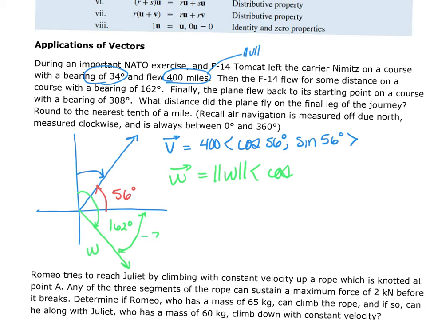So this is a negative 72 degrees. If I want the coterminal angle, I can do that, but I'm just going to use the negative 72 degrees. Even though the navigation is off the north, I'm going to do all of my rotations off of the x-axis. Actually, it doesn't really matter. So negative 72 degrees, the sine of negative 72 degrees.